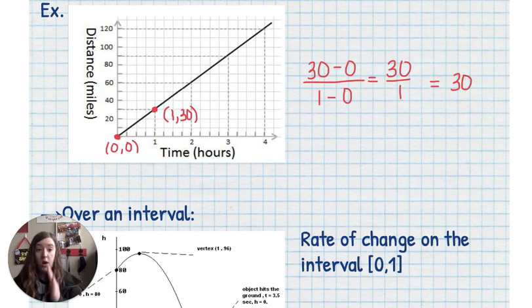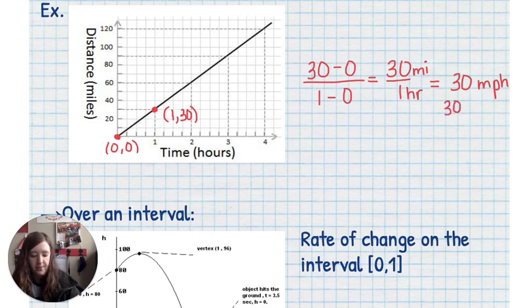But remember, my y's were miles, my x's were hours. So we're going to have miles per hour if you want to put mph. If you want to put 30 miles / hours, that's totally fine. But if you notice right here, that hour is on the bottom, and it has an exponent of 1, right?